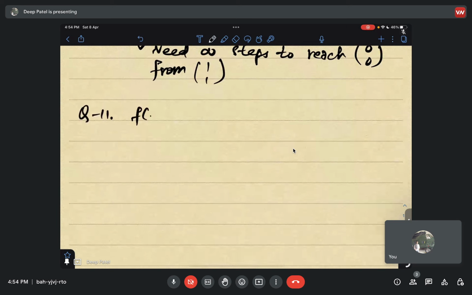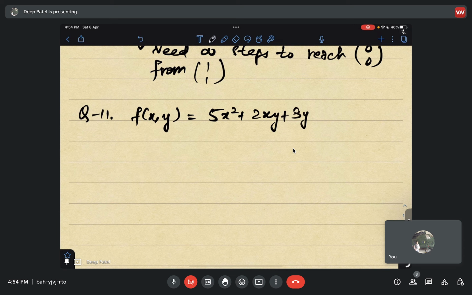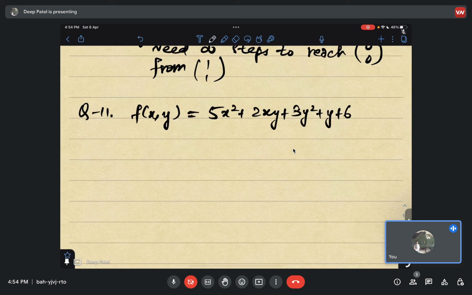Okay, we again have a quadratic function. By the way, how do we write this again in a matrix vector product form?